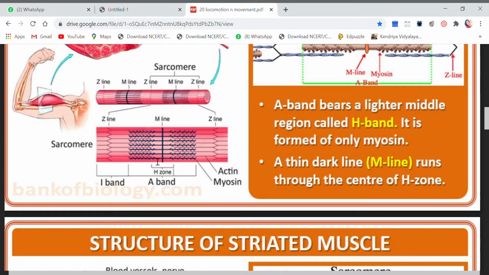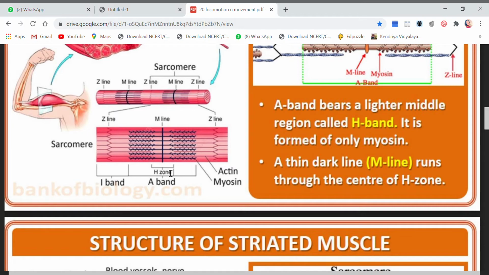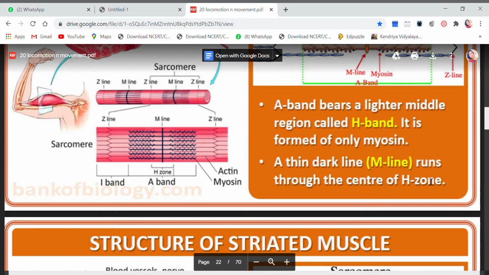It is formed of only myosin. Then a thin dark line, M line, which you can also see in the center of the H zone, runs through the center of the H zone.